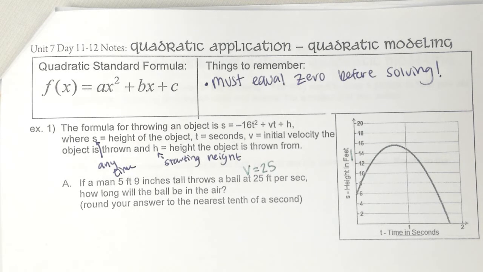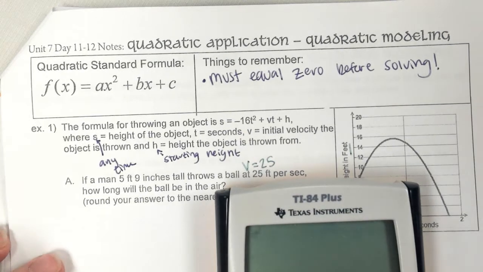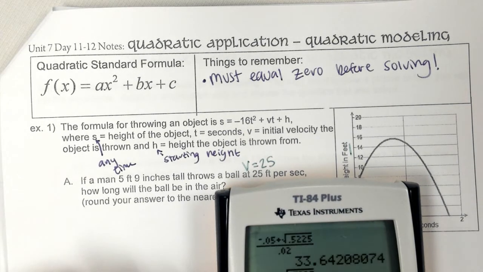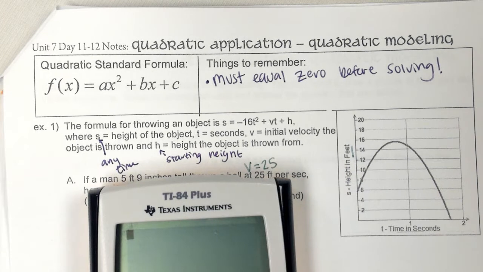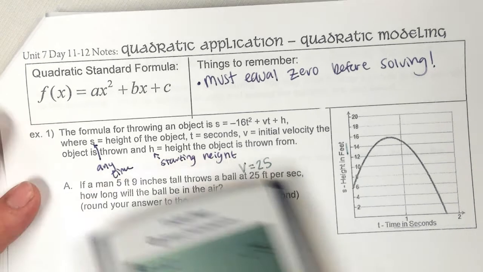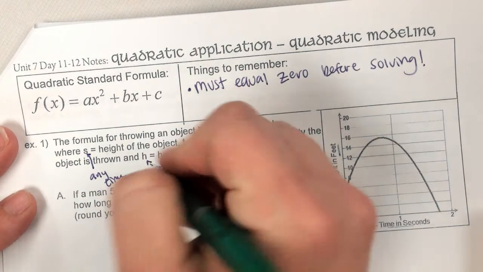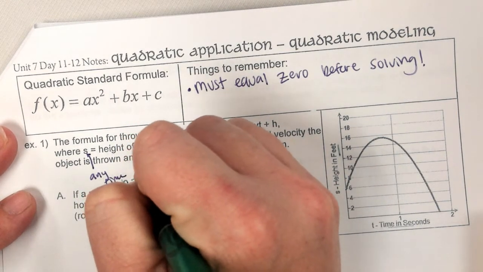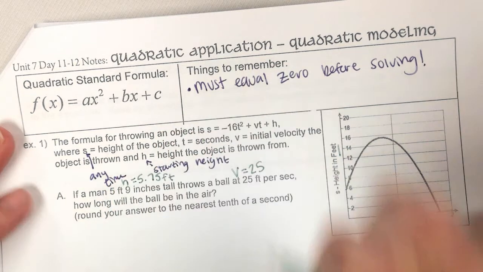So what you're going to do is you're going to divide. You're going to do 9 divided by, how many inches are in a foot? So it's going to be 0.75. So this guy, this is h, our starting point, equals 5.75 feet.